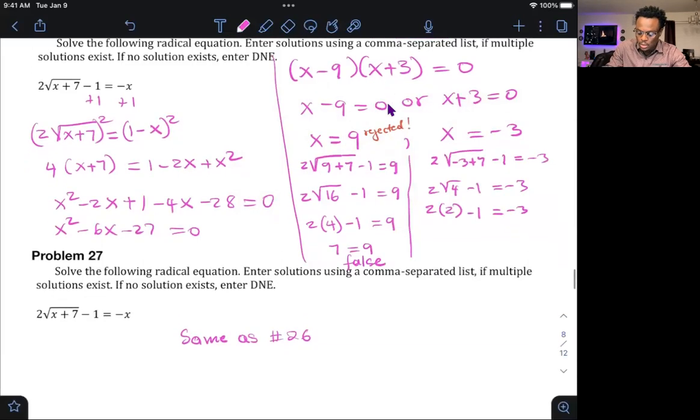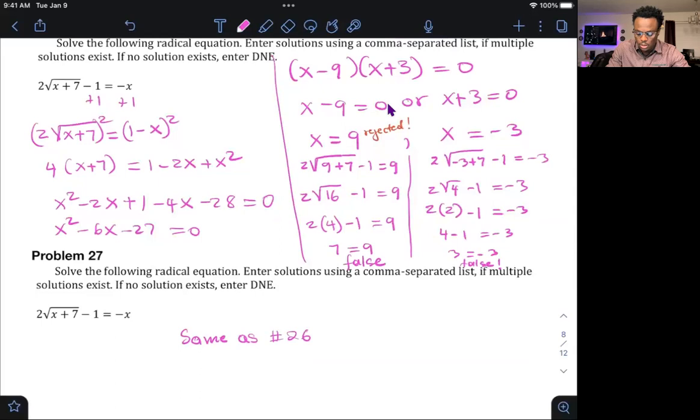So that is 4 minus 1 equals negative 3. 3 equals negative 3. That is also false. Let me check to make sure. Yeah, that's also false.